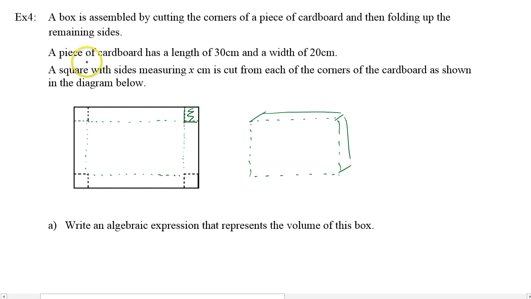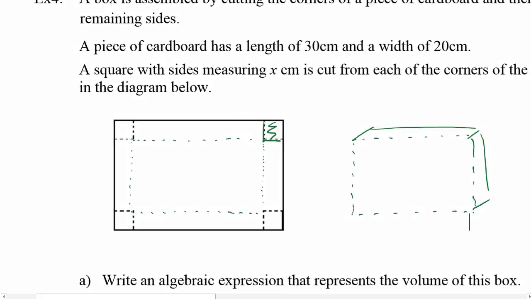So it says the original piece of cardboard has a length of 30 centimeters. So 30 centimeters is this entire length. That whole length is 30 centimeters. And this whole width of the original piece of cardboard is 20 centimeters.